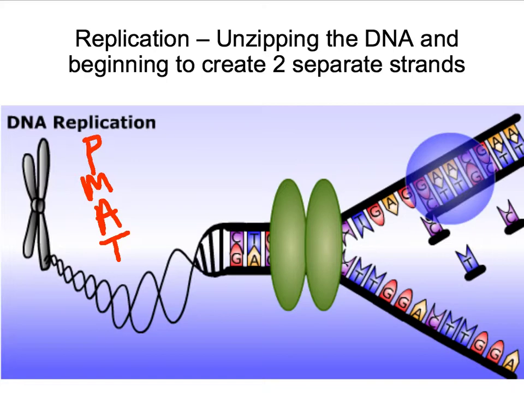And we have PMAT, the PMAT. So this is in prophase because it's beginning to pair up. So we just have one chromosome, and then when it's in prophase, it's beginning to pair up, prepare to split apart. So it's beginning to duplicate, but it's still stuck together. Two sister chromatids are stuck together by the centromere.